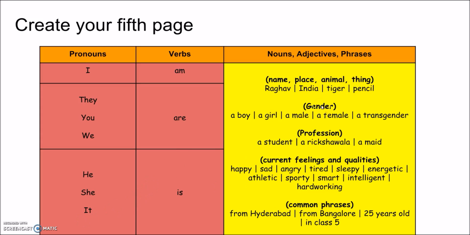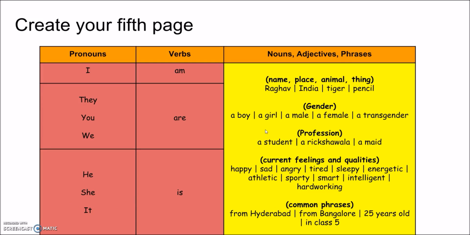Then he could say, it is a tree. And if the tree is green, then he would add that quality here, green. It is green. So the possibilities are really endless. You just have to think within these categories here, right here in this yellow column, and then add words based on your student's background, like you did in the vocabulary table.